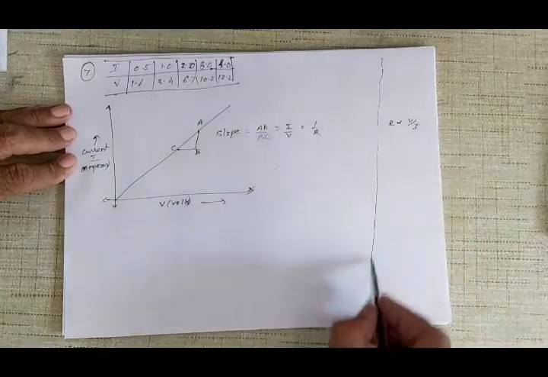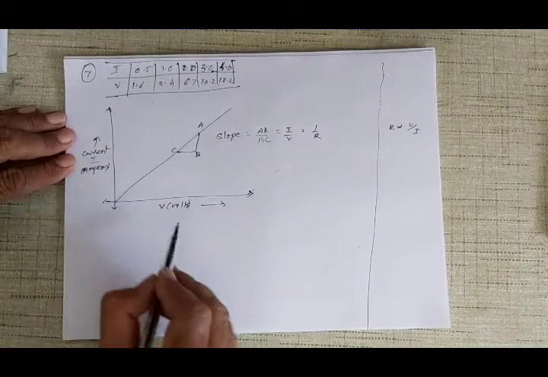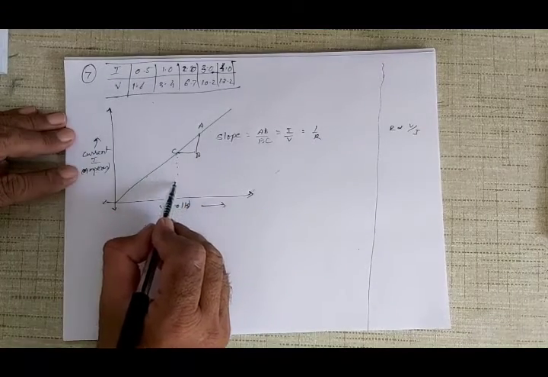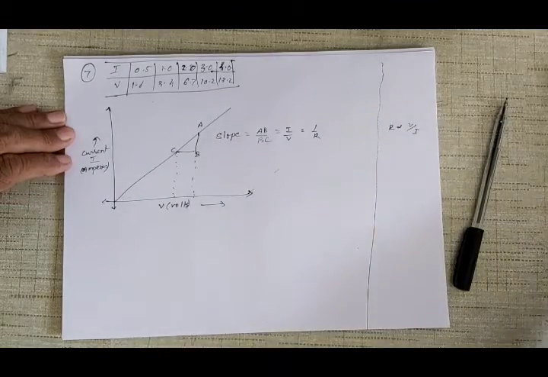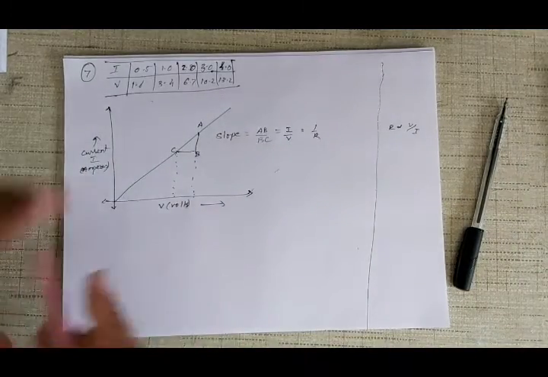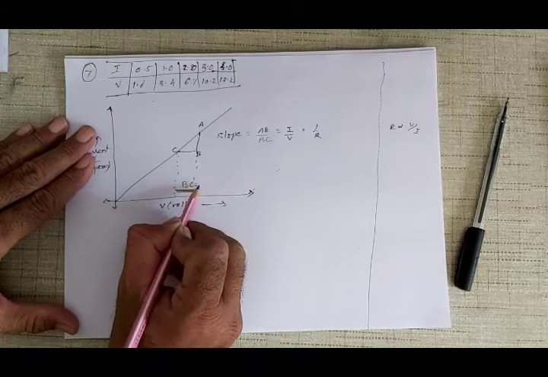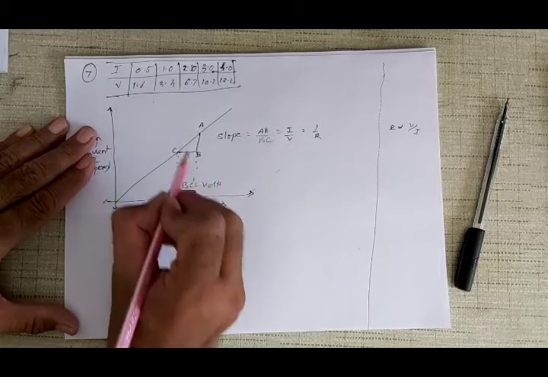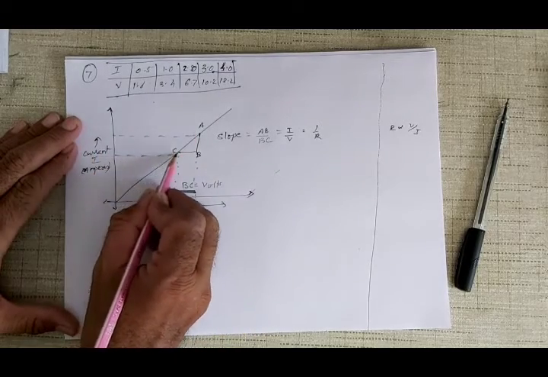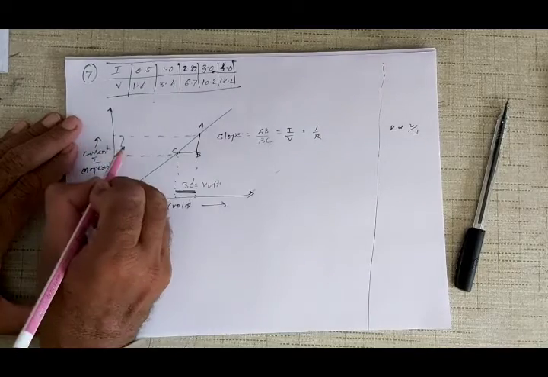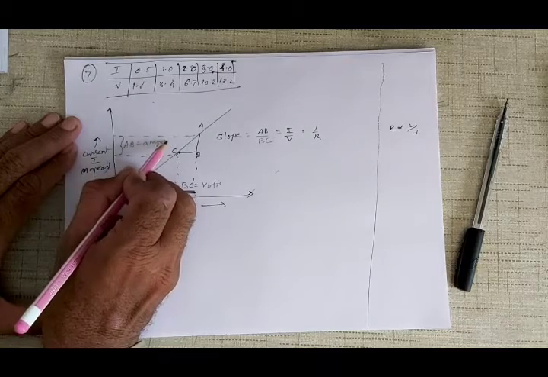So in this case, when you take the ratio, that is AB upon BC, कैसे लेंगे? देखो, इसको यहां तक ले लो. This part will give you BC, and this BC will be in volts. इसी तरह से इधर this will give you AB, and AB will be in amperes, and this ratio is called the slope.